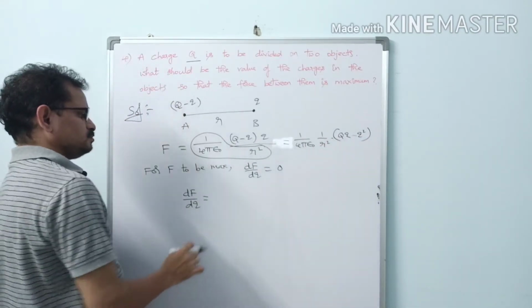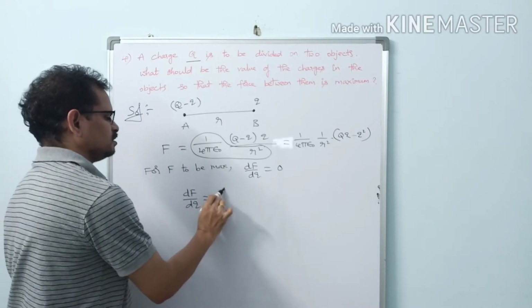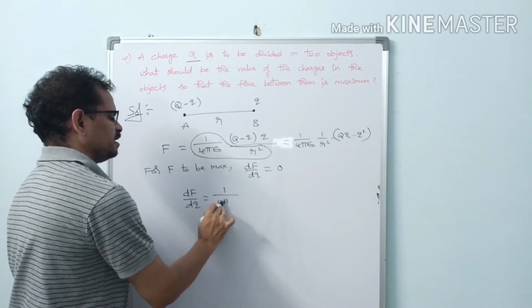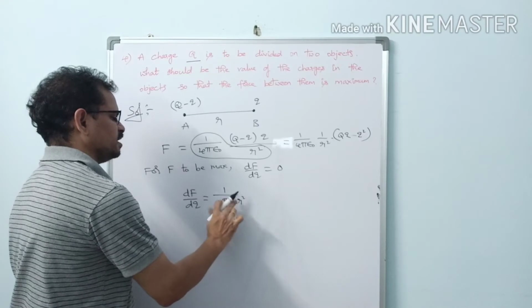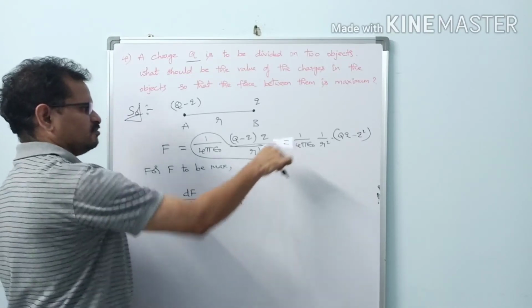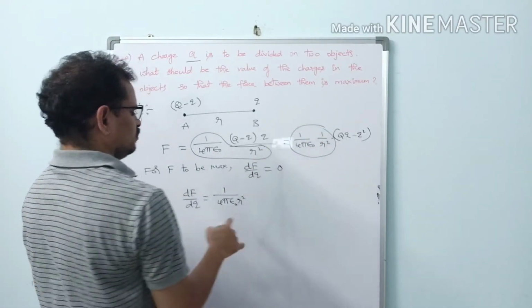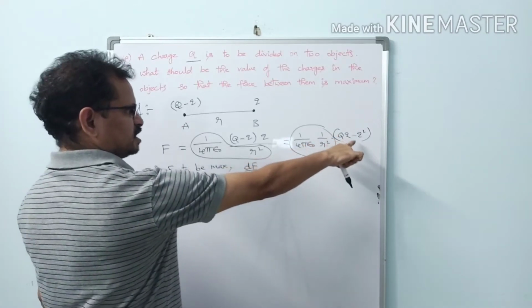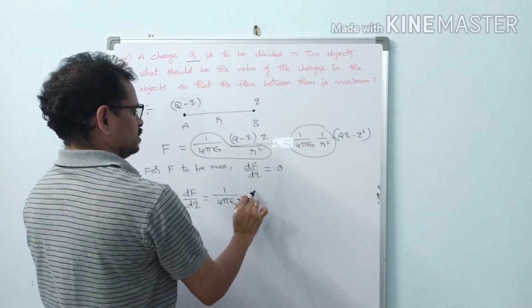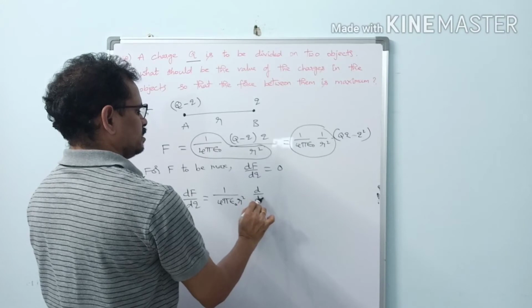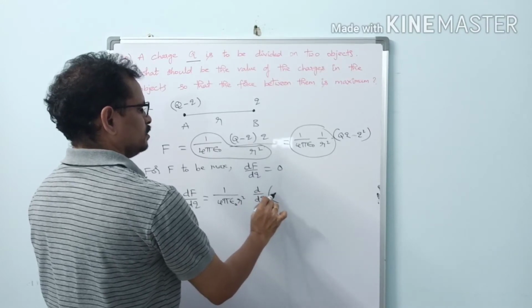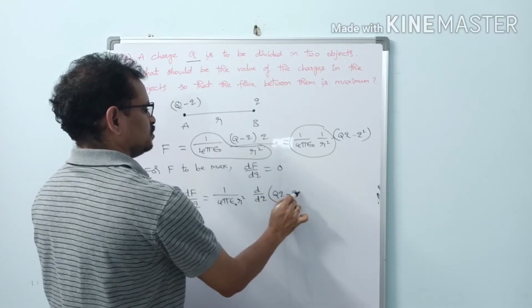So differentiating, since 1 by 4 pi epsilon naught r square is constant, we take d by dq of Qq minus q square.